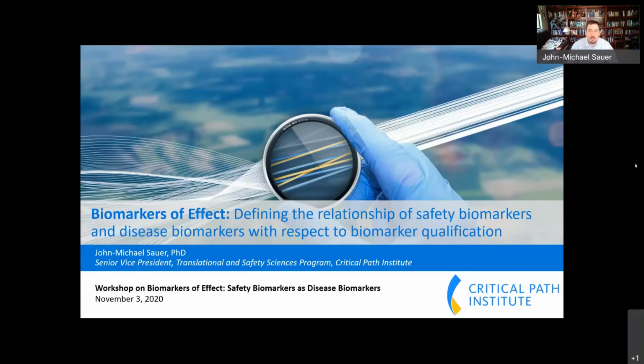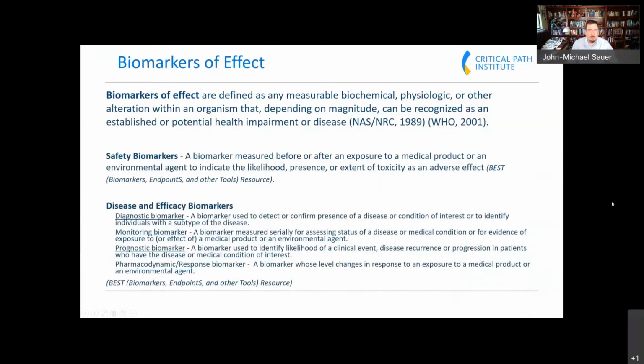But let's go ahead and talk a little bit about biomarkers of effect. This was a phrase that I was introduced to a few years ago. I was giving a presentation for an environmental toxicology group, and they brought up this phrase, and I define it here on the slide.